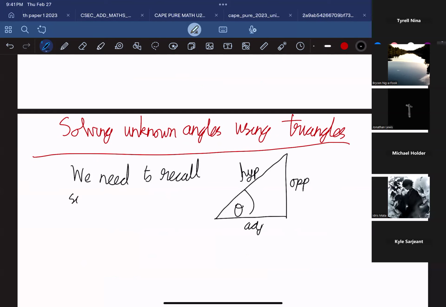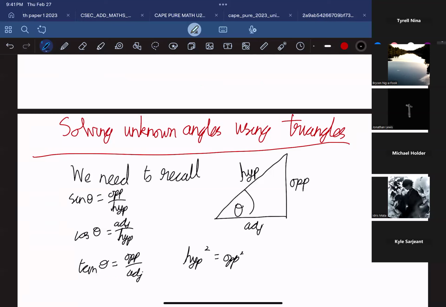Sine theta is opposite over hypotenuse. Cos theta is adjacent over hypotenuse. Tan theta is opposite over adjacent. And we know hypotenuse squared is opposite squared plus adjacent squared.